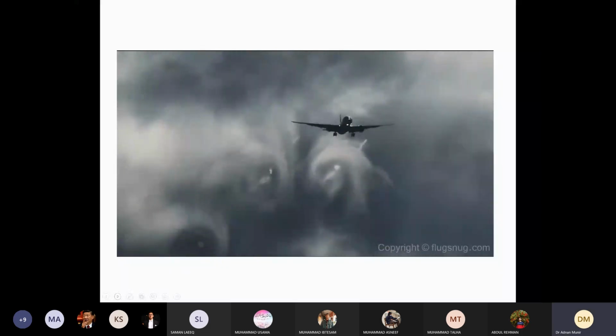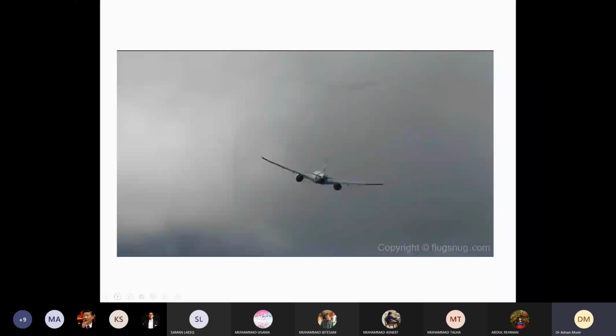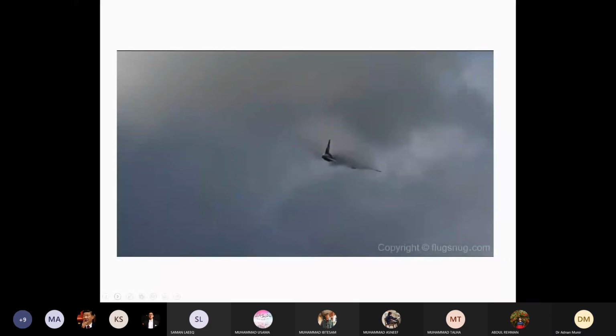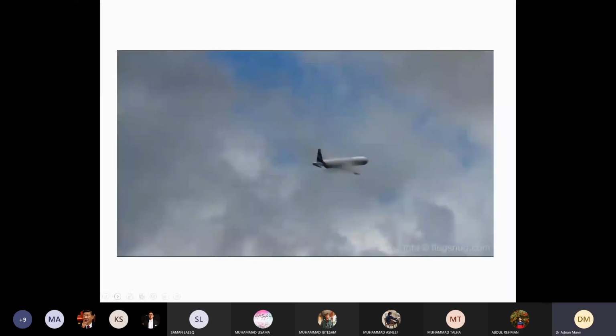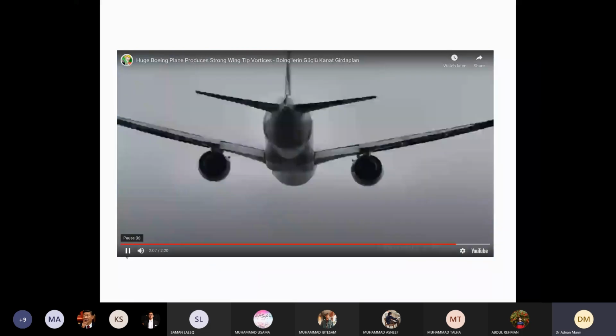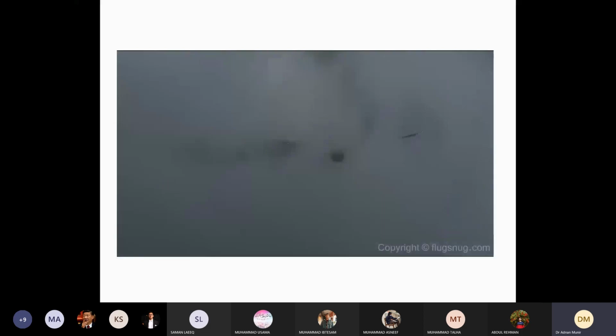See, from the tips you can see the vortices being generated. Here, the vortices can clearly be seen behind it. So these are called tip vortices.